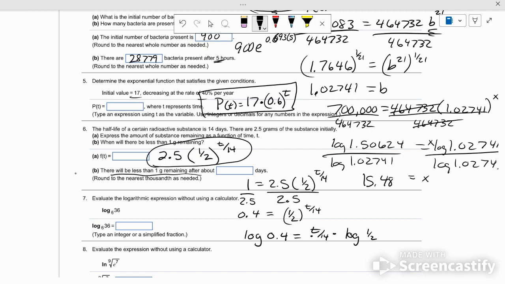So we're going to multiply each side by 14 to get rid of the 14, and we're going to divide by the log of 1/2. So you take 14 times the log of 0.4 divided by the log of 1/2. What do we get?